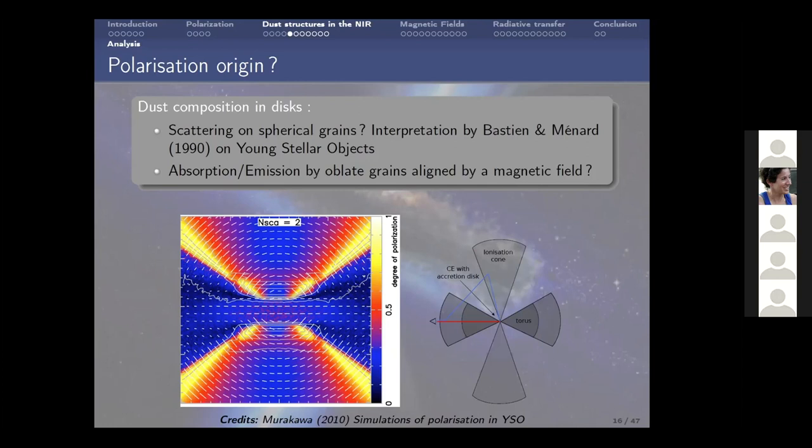This was done first by Bastien and Ménard in 1990 on young stellar objects, and on the left side is a simulation by Murakawa in 2010 of polarization in young stellar objects. You can see that in the very center you have a way different polarization orientation, associated with a low polarization degree, which is actually due to multiple scattering and not only single scattering. There is a picture on the right side to explain that a bit better.